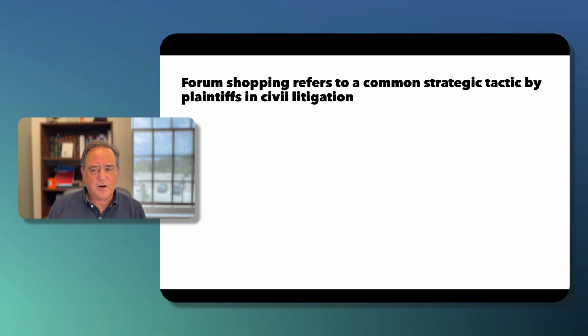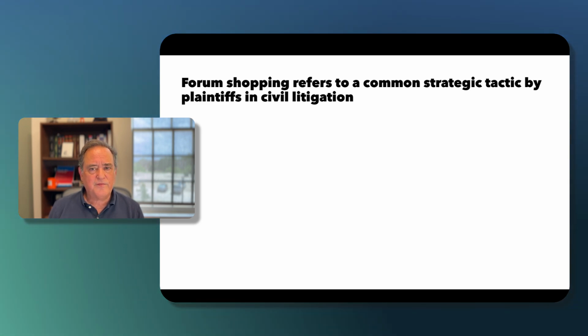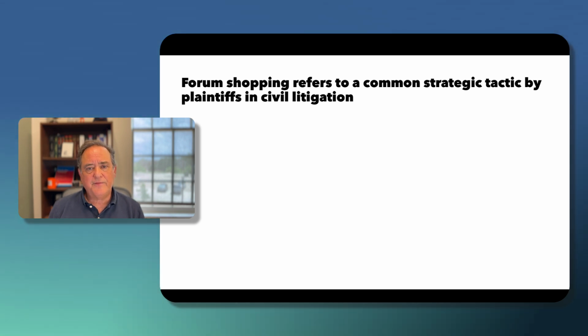The final thing we'll talk about in this lecture has to do with the problem of forum shopping. Forum shopping refers to a very common strategic tactic by plaintiffs in civil litigation, that a plaintiff wishing to bring a lawsuit is aware that there are more favorable venues available. And so if you have a situation in which there are multiple courts that will have jurisdiction, you, as the plaintiff, may prefer to be in a certain court.